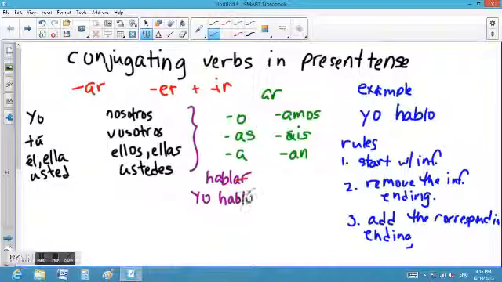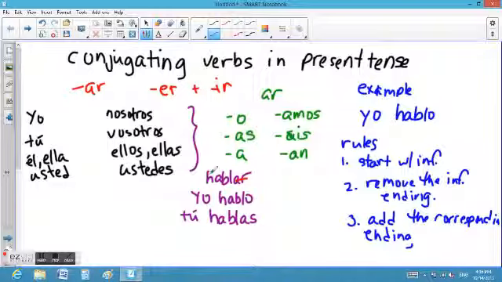If I'm going to go on and talk about you talking, I will start off again with hablar, take off the AR ending, and add, of course, because tú is AS, we're going to add as: hablas.